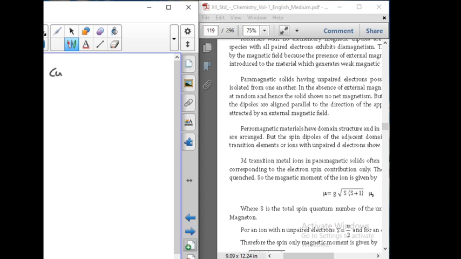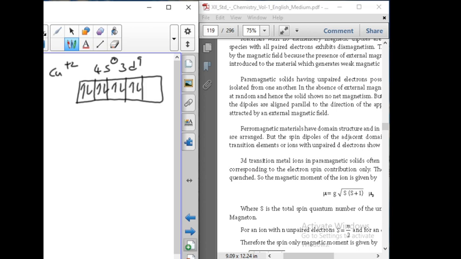For example, copper plus 2. The copper plus 2 electron configuration is 4s0 3d9. So the number of unpaired electrons is 1.